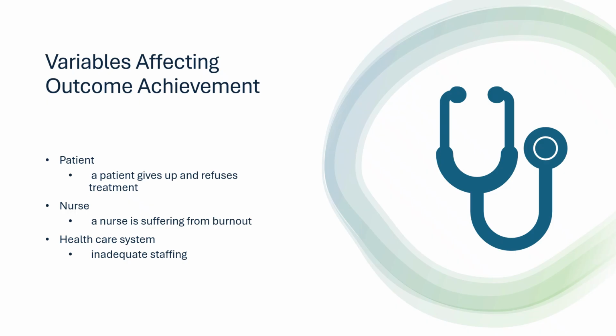Some system variables are inadequate staffing and unsupportive administration. Some creative nursing responses might be: build trust and explore underlying patient concerns, educate passive patients to become assertive healthcare consumers, set realistic expectations for yourself and seek support, or advocate for better staffing and resources using data. If the system is unchangeable, consider a new practice setting.